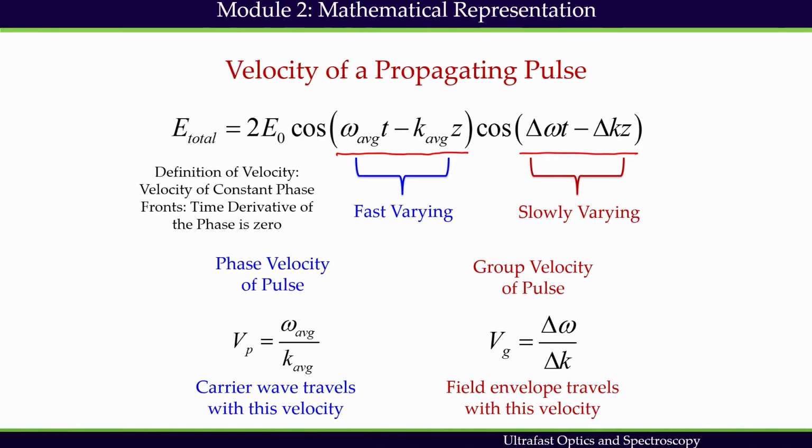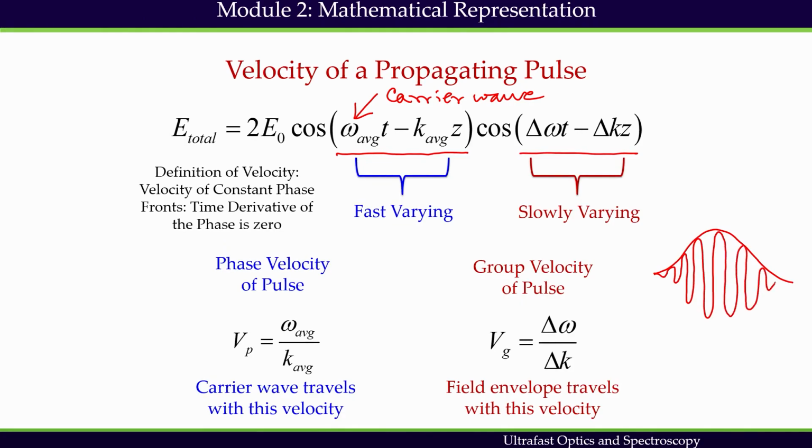The frequency of the carrier wave is given by omega average. This is associated with the carrier wave. So I have a pulse envelope, and then we have this carrier wave oscillation.